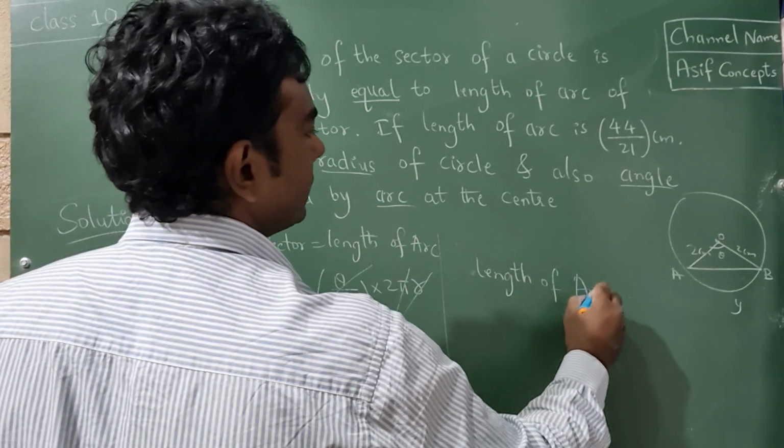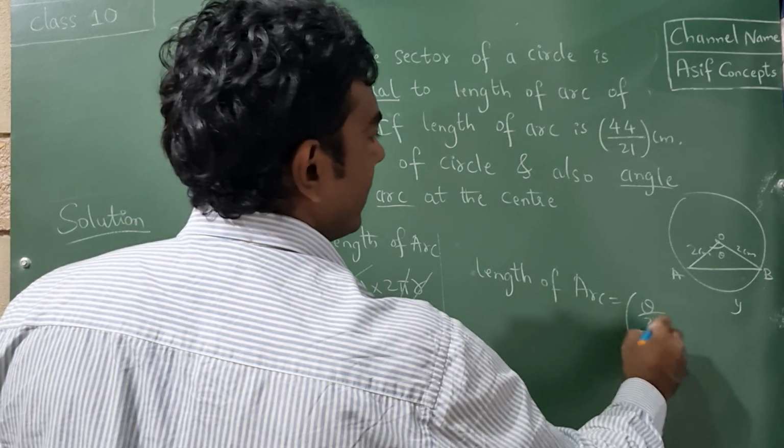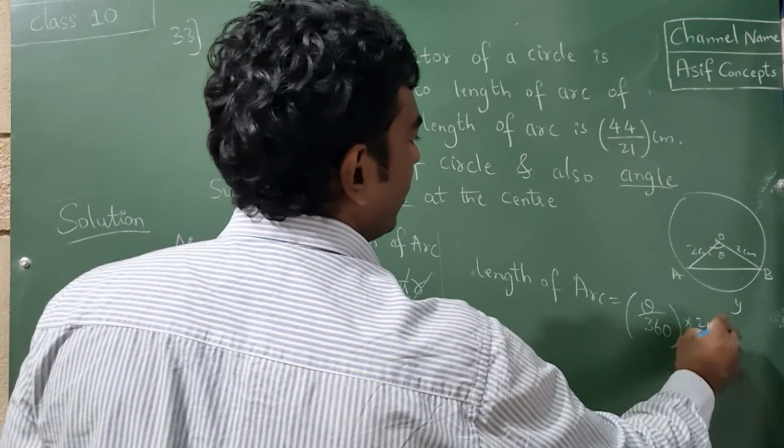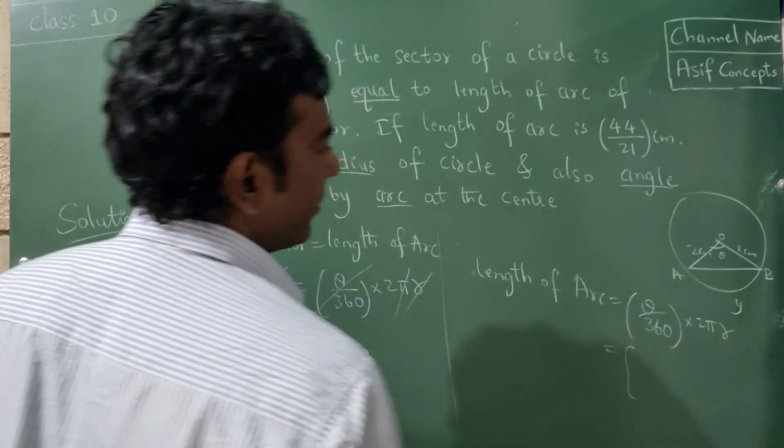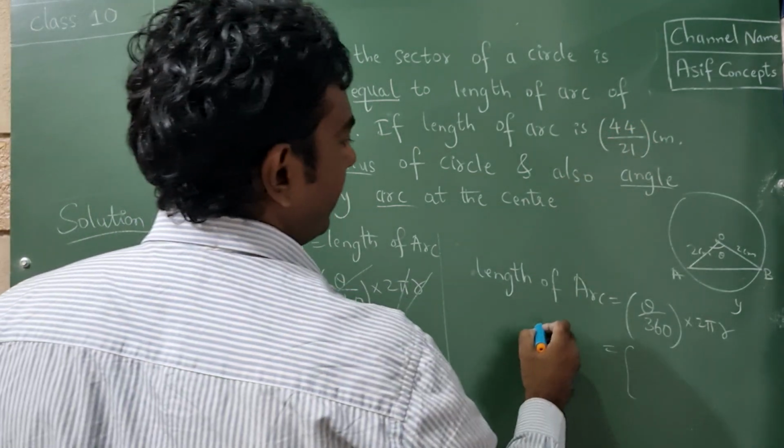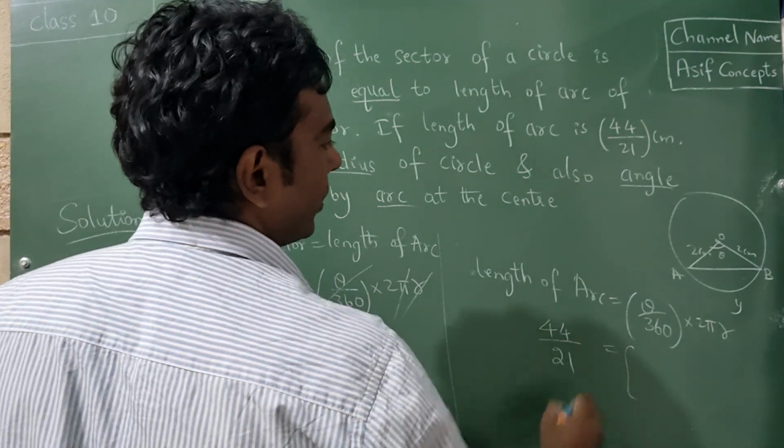The length of an arc is equal to theta divided by 360 into 2 pi r. The length they have given is 44 by 21.